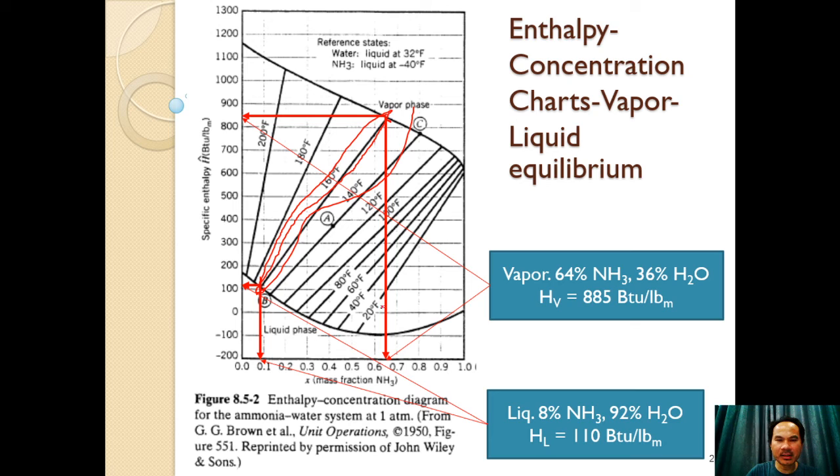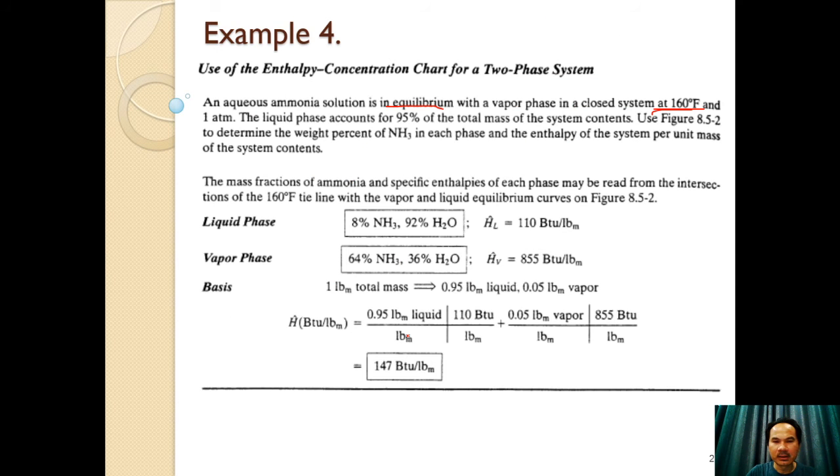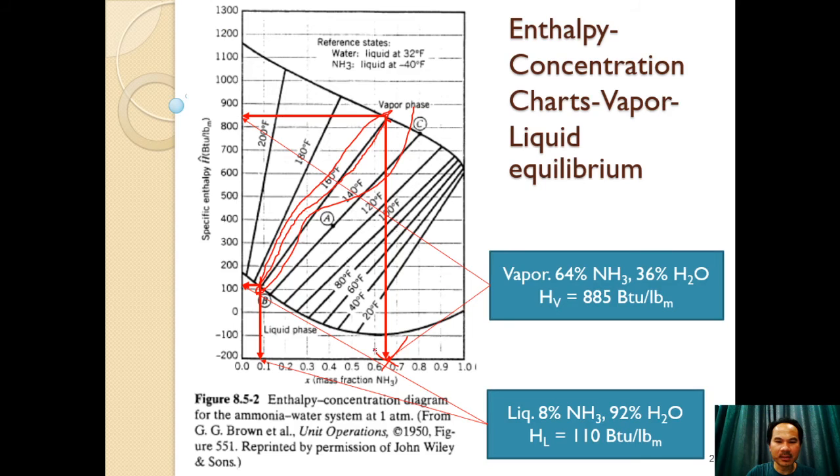At this point, you can read the concentration of the component as about 60. In this case, the vapor phase is about 64 ammonia, and water is about 36. 64 is ammonia, 1 minus 64 is water.